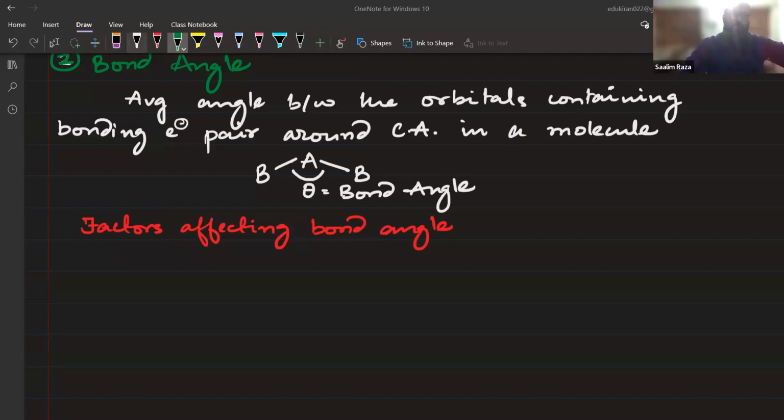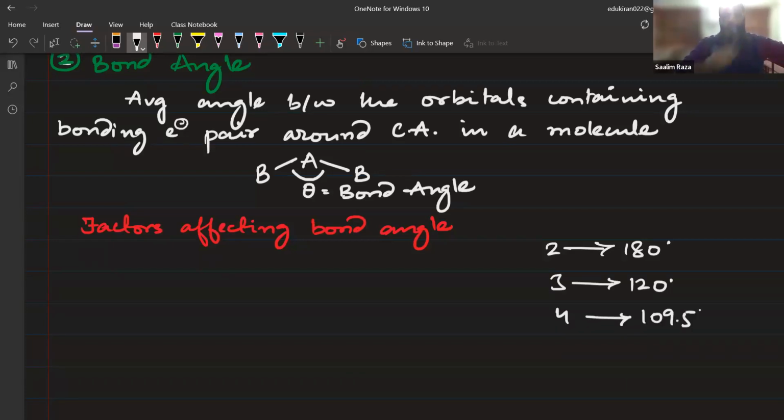This year, guys, when the steric number was 2, the bond angle was 180 degrees. When the steric number became 3, the bond angle was 120 degrees. When the steric number was 4, the bond angle became 109.5 degrees.